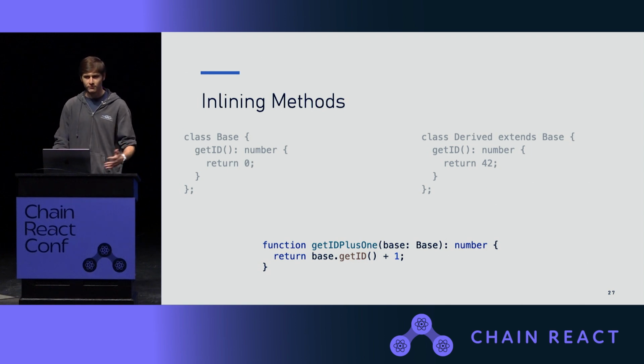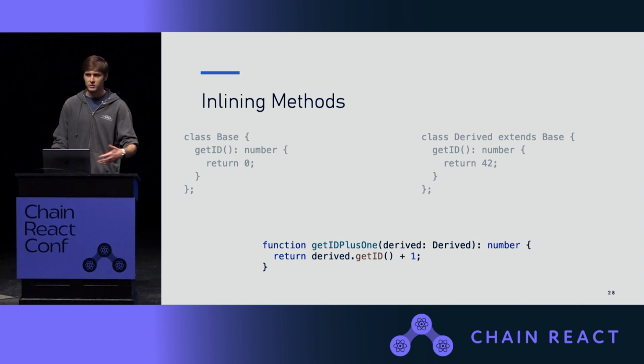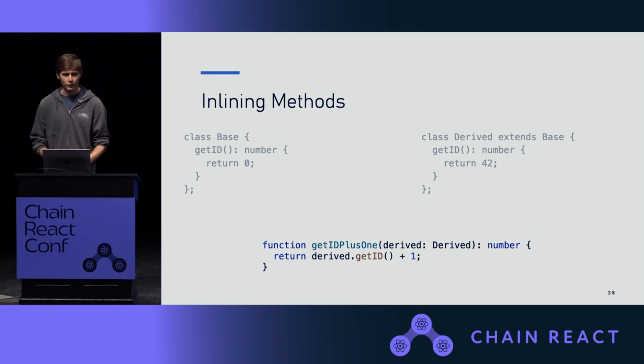But that doesn't mean that all hope is lost when you try to inline methods. We can modify this slightly. So instead of taking an instance of base, getID+1 takes an instance of derived. The Static Hermes compiler performs an analysis across your bundle to see if a method is ever overridden anywhere in the bundle. If the method is not overridden, then Static Hermes knows that the getID+1 function is receiving an instance of derived, whose getID method is never overridden.